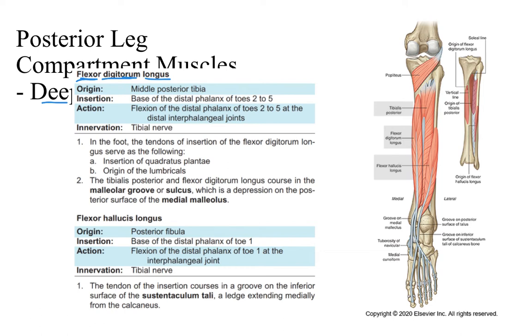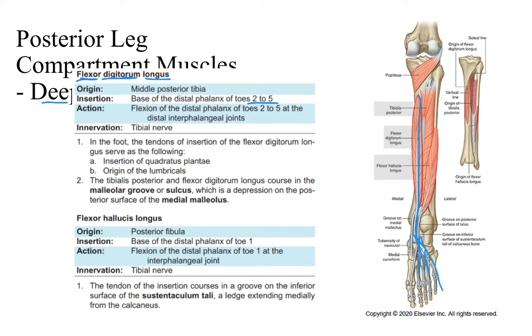So if we look at it, here is our Flexor Digitorum Longus right here. And notice it's this long muscle that goes all the way down and then spreads out. Okay, so it starts in the tibia and spreads out to toes 2 through 5. So 2, 3, 4, 5.